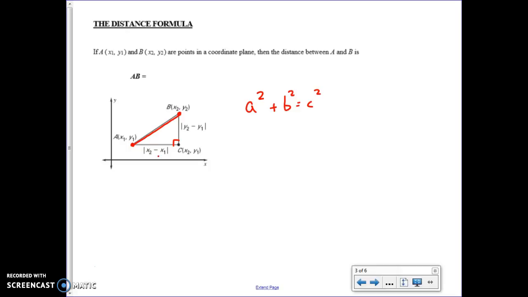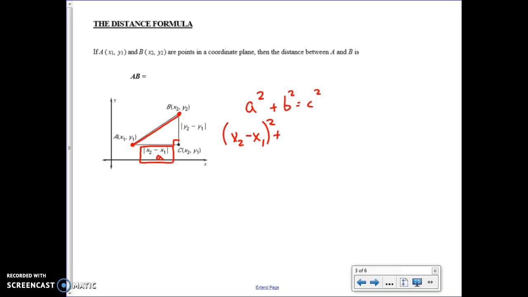If I call this side down here, this side of the triangle, side A, the distance on this side A is the difference of those x values, x2 minus x1. And we say the absolute value because we always take the positive. When I come back over here to my formula, we're going to square A, which is always going to make it positive anyway. So I'm going to put x2 minus x1, and then I'm going to square it.